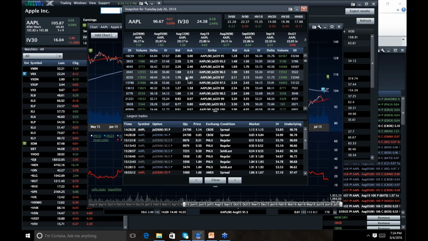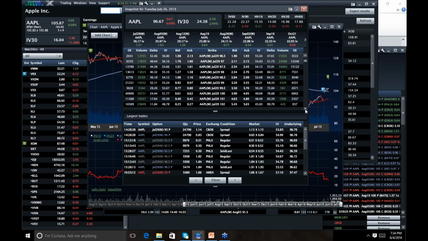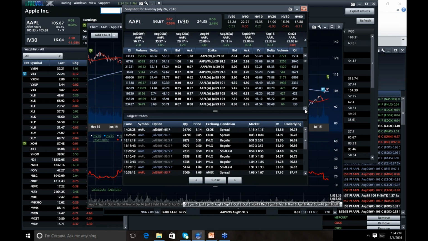What if instead of buying, and this is the cheaper alternative, folks, what if instead of buying this 97 call, what if I bought the 100 call for 60 and then sold the 98 call, or let's say I bought the 99 call for 95, and then I sold the 102 call at a quarter.